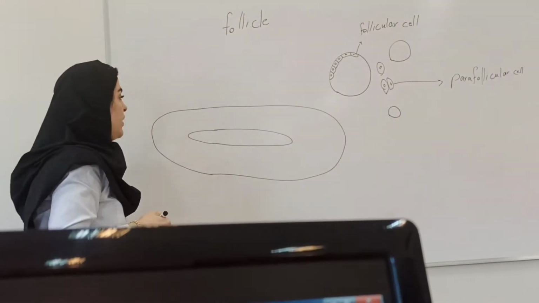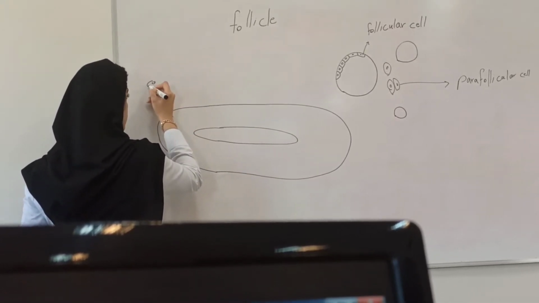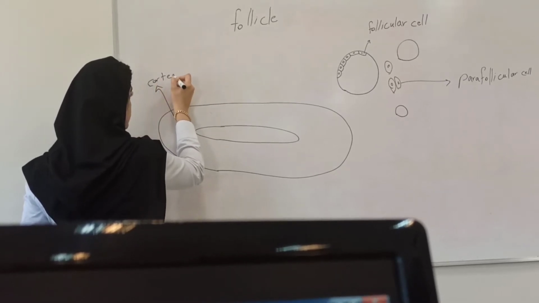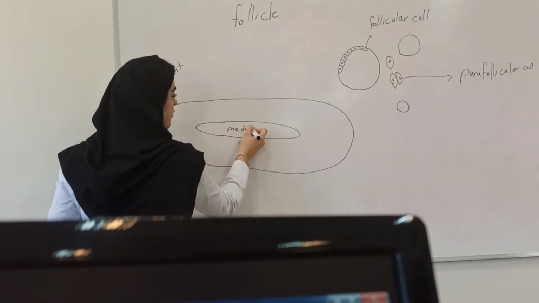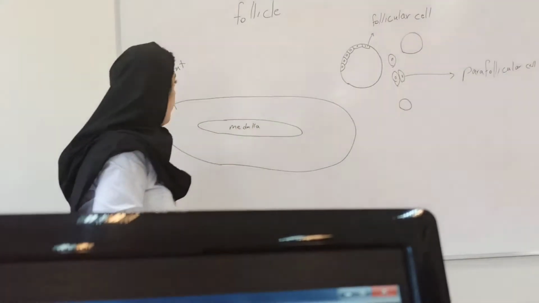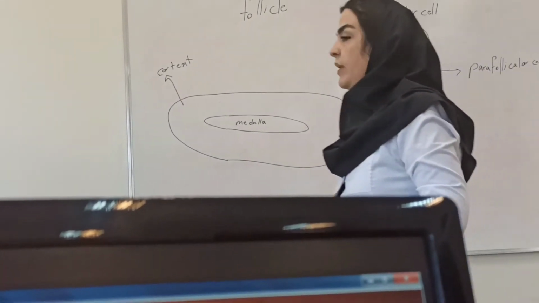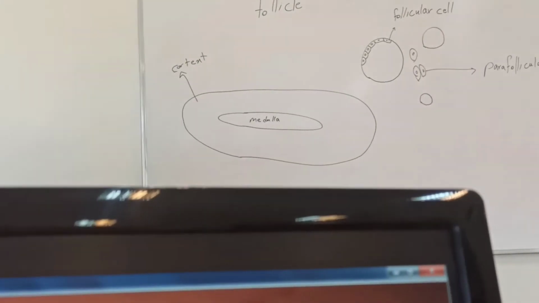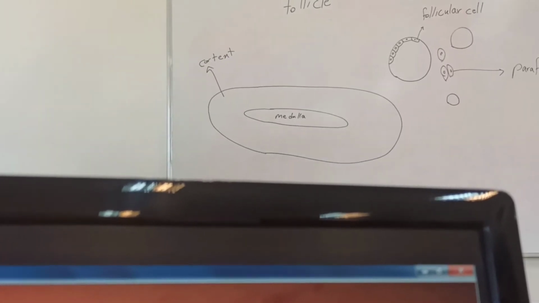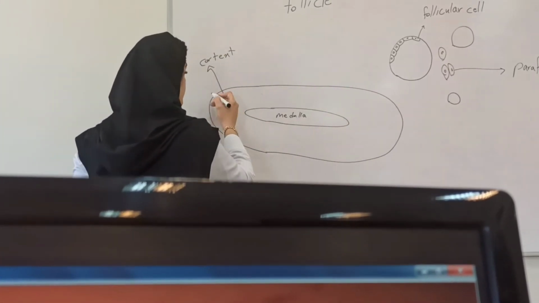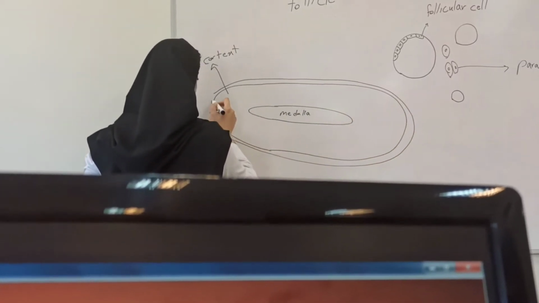These parts are called the cortex and the medulla. The inner part is the medulla. The cortex has 3 layers that surround the medulla. And the whole tissue is covered by a fibrous capsule.